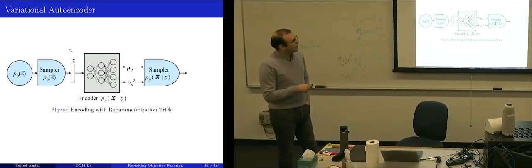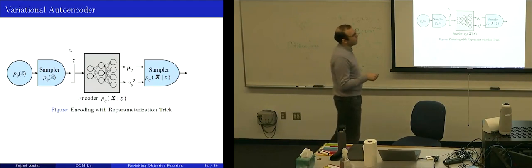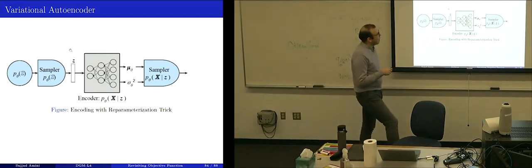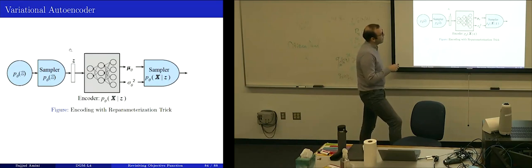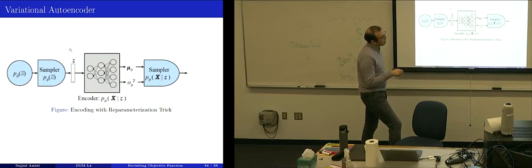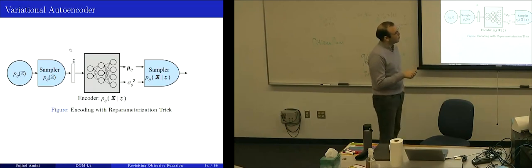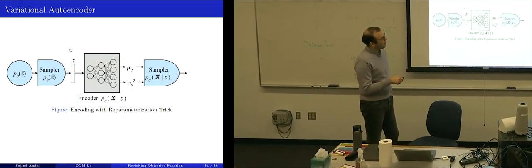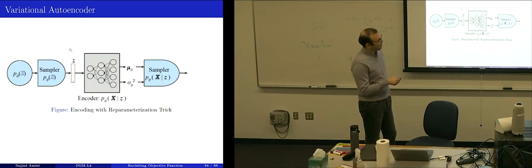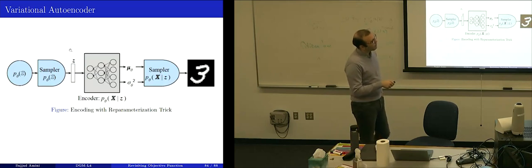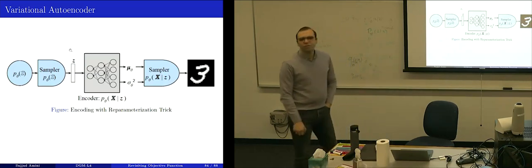So, for example, assume that I have a model trained over MNIST. I can sample from the prior and call it Z, and then pass it through the decoder, and generate the mean and the variance, and then generate the sample from the distribution over X given Z. And then if I sample from this distribution, hopefully I see a valid MNIST image.